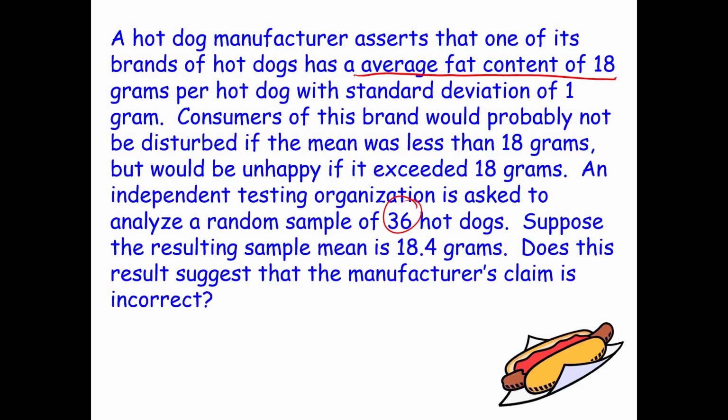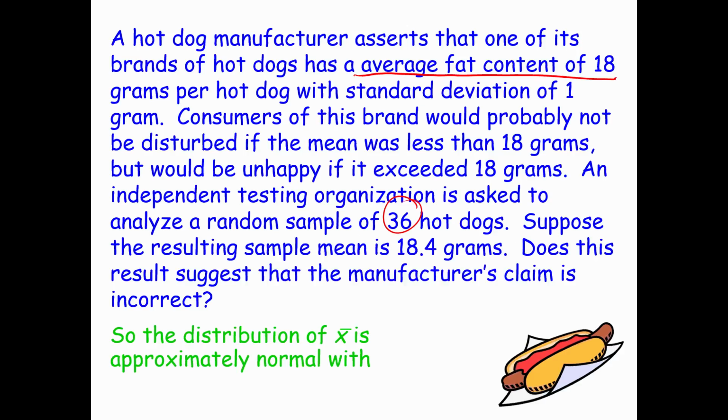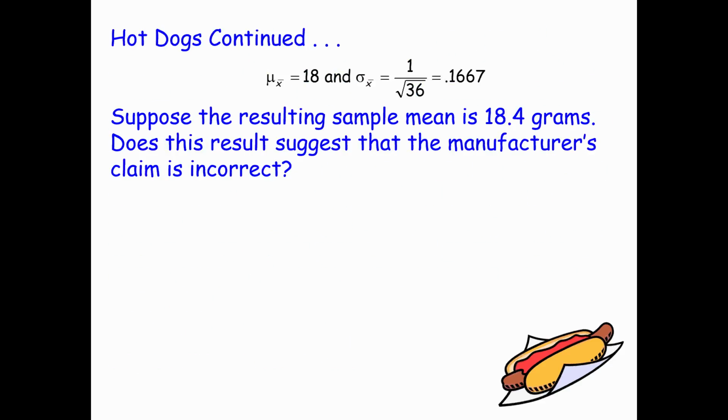So let's test this to see if it's true or not. Since the sample size is greater than 30, we can use the central limit theorem here. So the distribution of X bar is approximately normal with a mean of 18 and a standard deviation of 0.1667. Suppose the resulting sample mean is 18.4 grams.